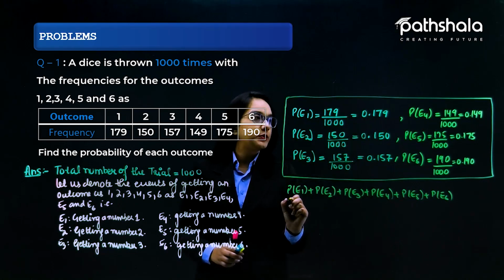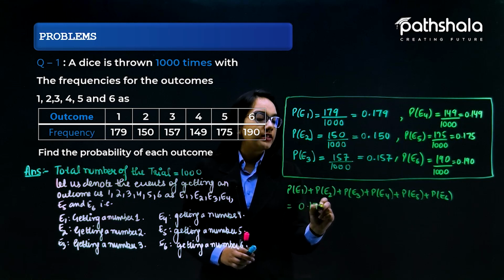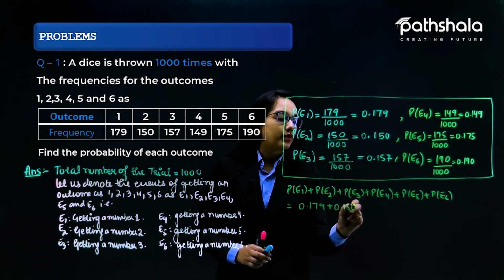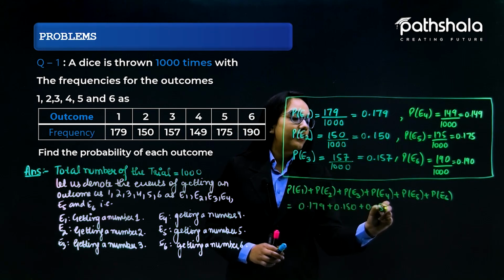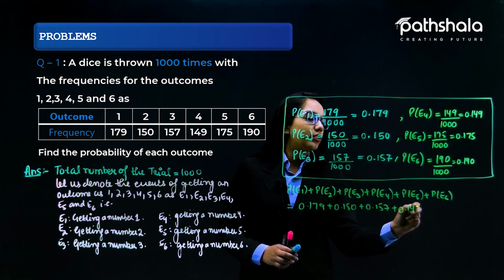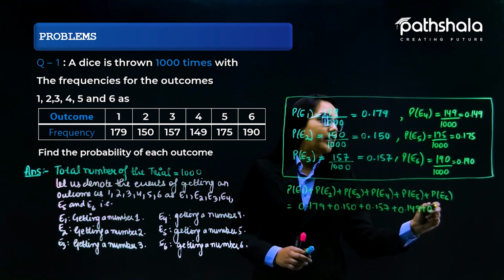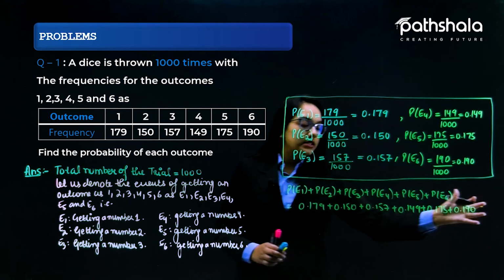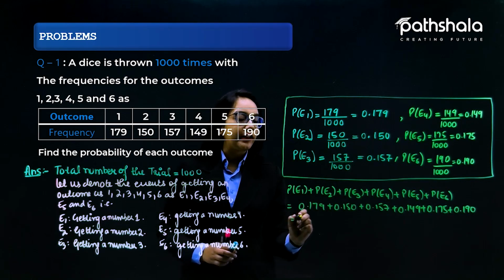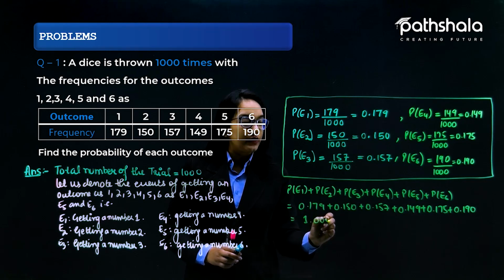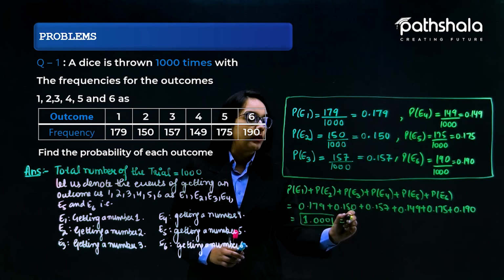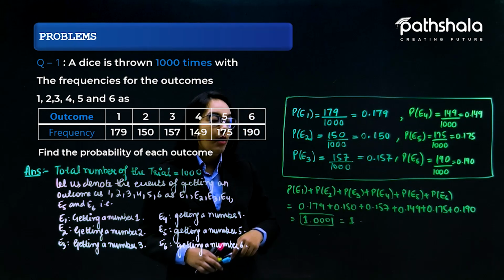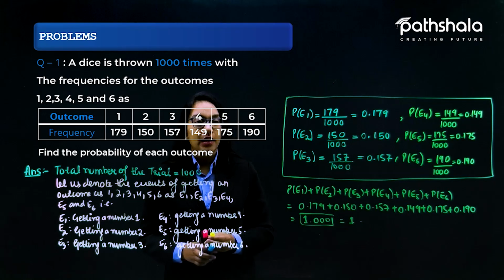Let's sum up: 0.179 plus 0.150 plus 0.157 plus 0.149 plus 0.175 plus 0.190. You will definitely get the answer as 1.000, which is equal to 1.